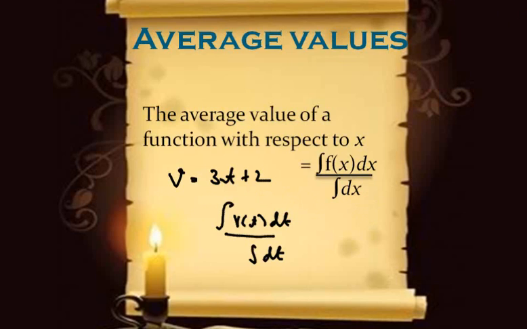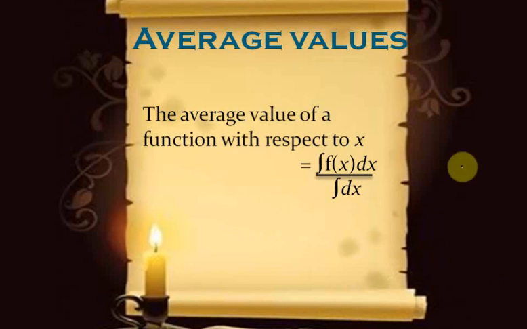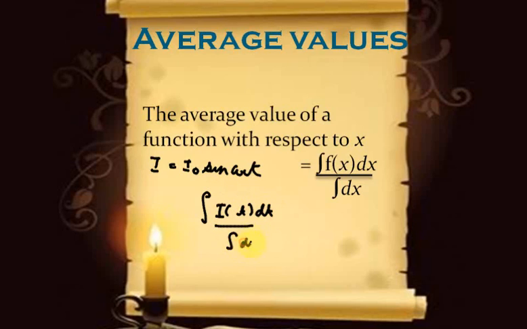Understood? So for example, in the case of current, we know that current is I equal to I naught into, say, sine omega t, isn't it? In that case, we can basically say that the average value of the alternating current will be integral I of t dt divided by integral dt, isn't it?